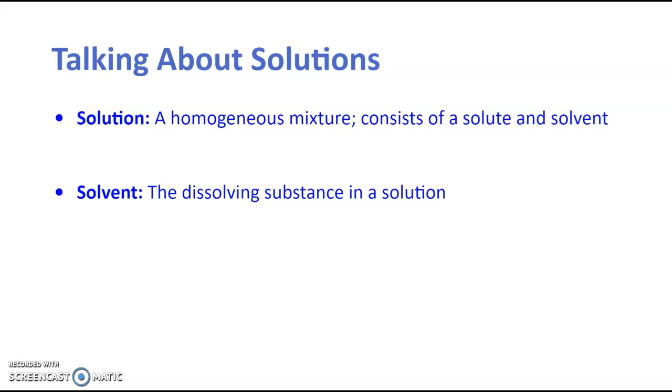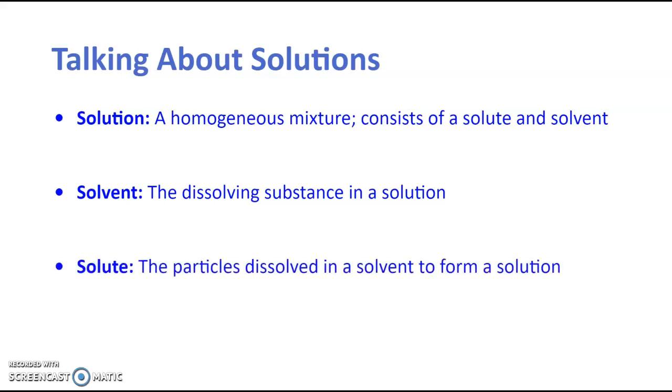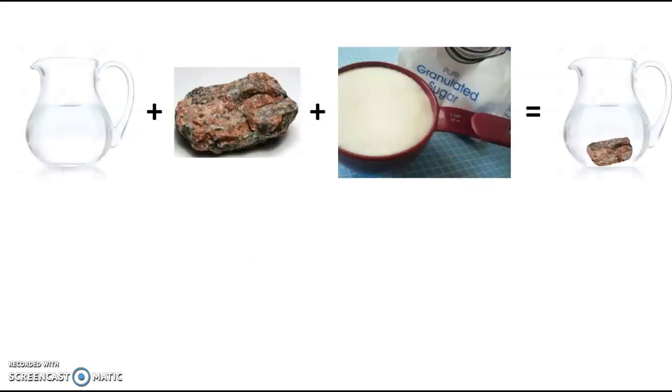Lastly, we have the solute. Oh, sorry, I said that totally wrong. The solvent is the water in the Kool-Aid example, and the solute is the sugar, so the particles that dissolve in the solvent to form the solution. So solvent is the water, solute is the sugar.